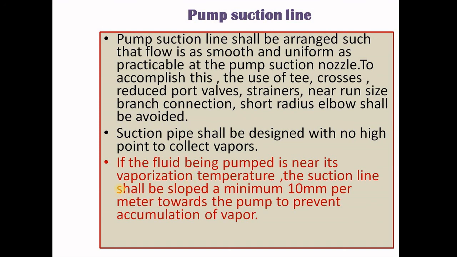The pump suction pipe shall be designed with no high point to collect vapor. If the fluid handled is supposed to vaporize at the operating temperature, then a minimum slope of 10 millimeter per meter towards the pump side should be provided to prevent accumulation of vapor.